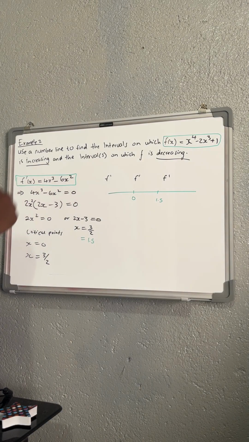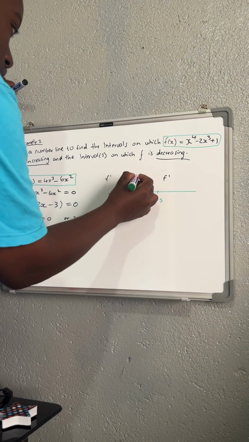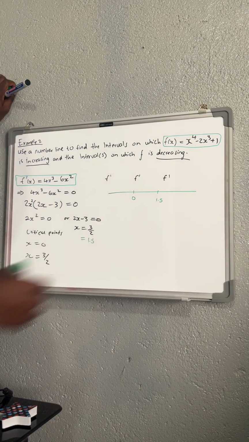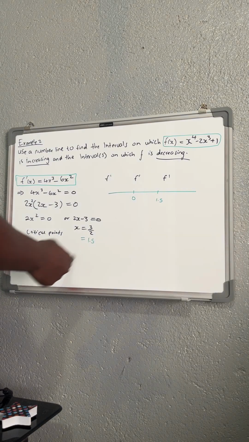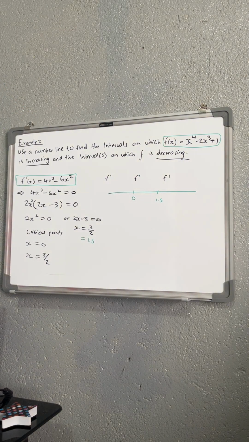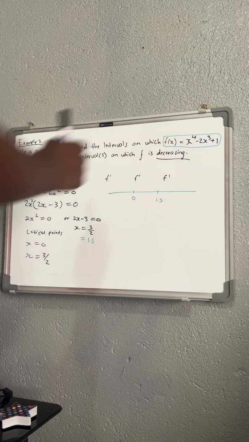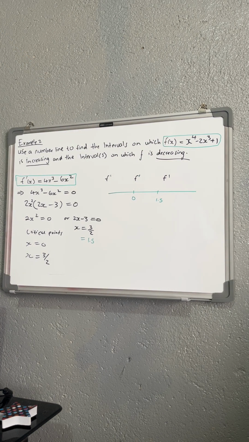That's why I've also written here that we are working on a derivative, so that you don't get confused, because sometimes people get the critical points, but when they're doing the number line, they input into the original function, which is wrong. When you input into that, you're basically finding your y values, which is not what they're looking for.